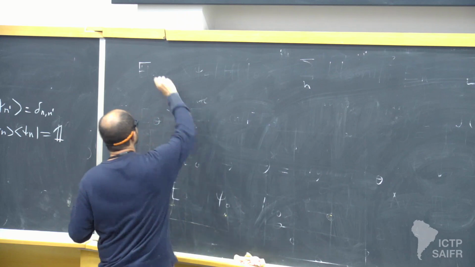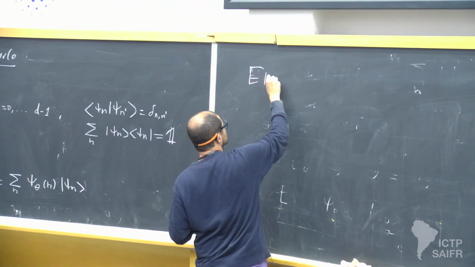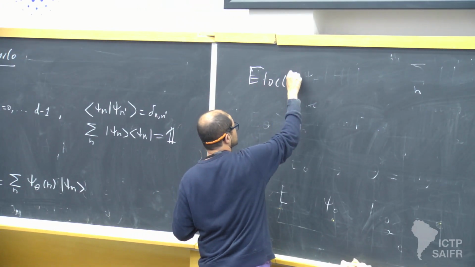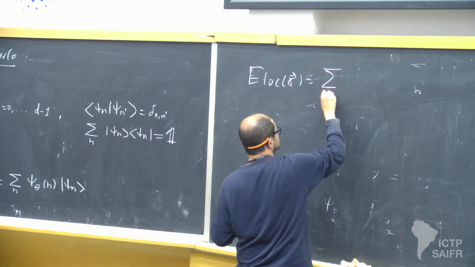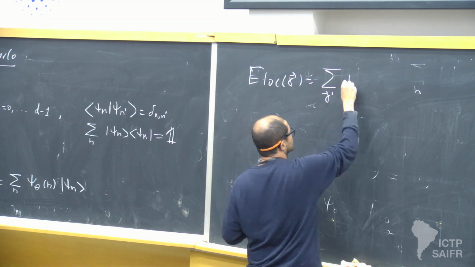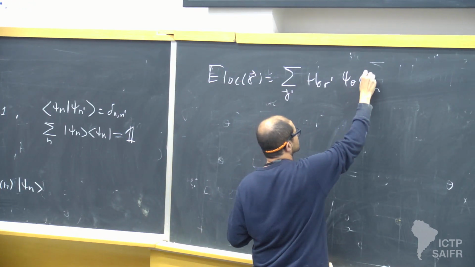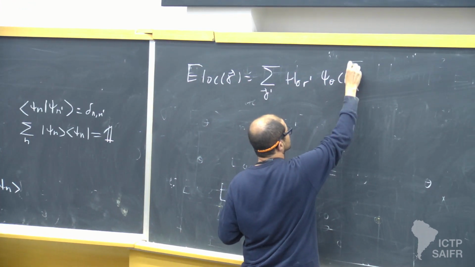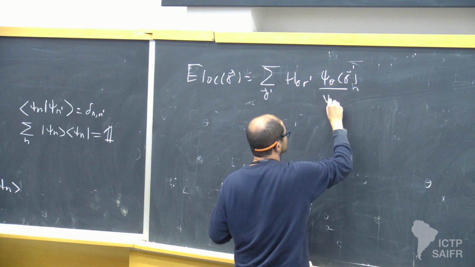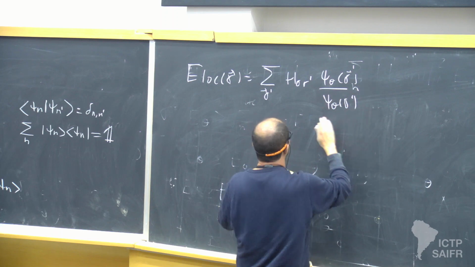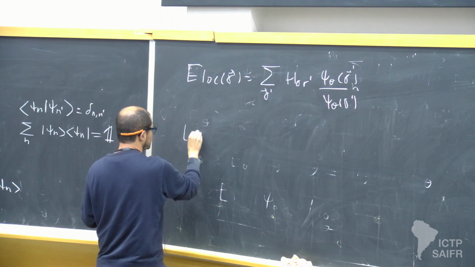So E_loc of sigma is equal to the sum over sigma prime of H_sigma sigma prime psi of sigma prime over psi of sigma. So local Hamiltonians.